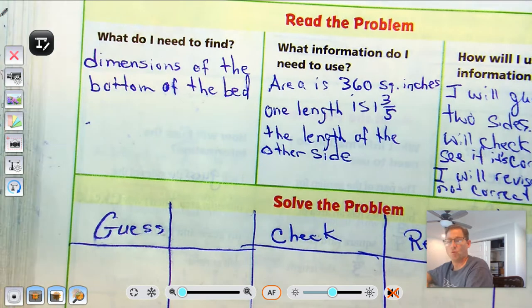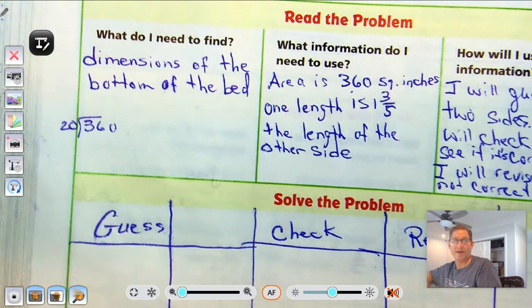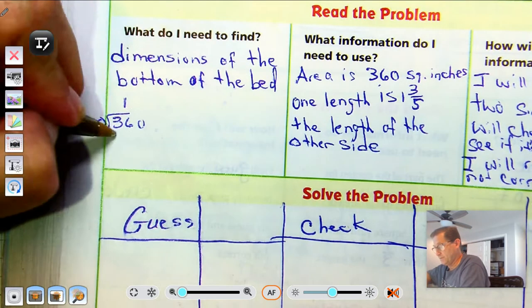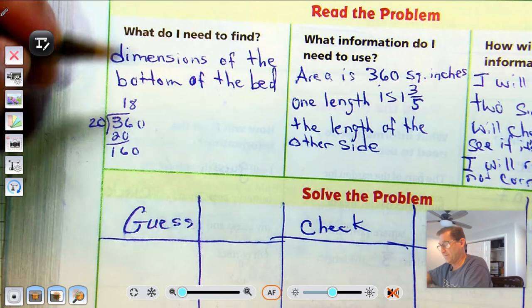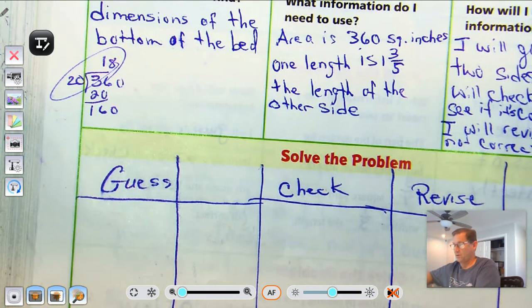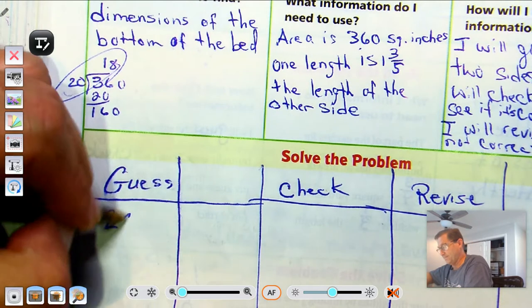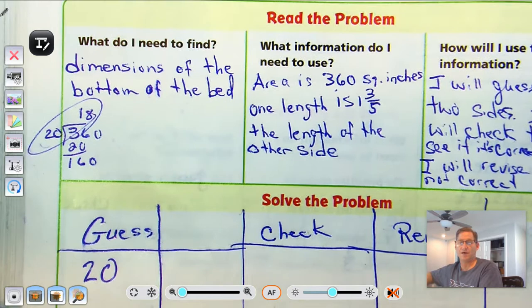What if I said 20? I don't know. I'm just guessing, right? Could 20 even be one of the sides? So we could say it's an 18 by 20. I'm going to take the larger factor, 20, and I'm going to guess that one of the sides is 20.